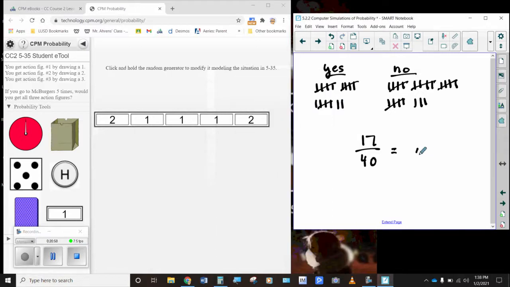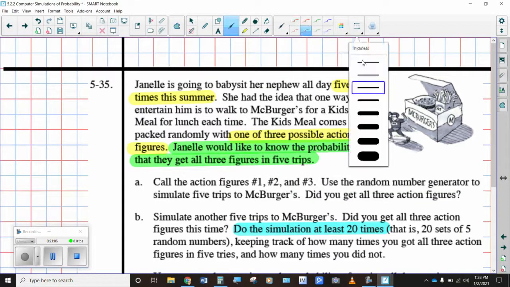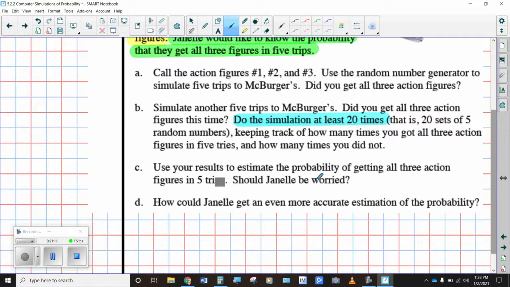All right. So according to this simulation, let me go ahead and expand this guy out. Let me come back to here. According to this simulation, should she be worried? Yes, because it only worked 42.5% of the time.